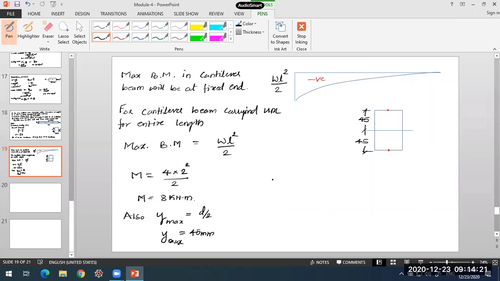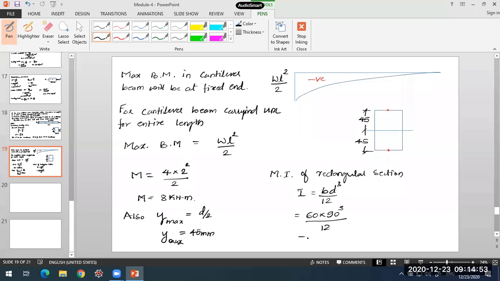Now another property we require is the moment of inertia of a rectangular section. So we need I in that flexural formula. For this section, it will be b d cube by 12, which comes out to be b is 60 into 90, the depth, cube upon 12.